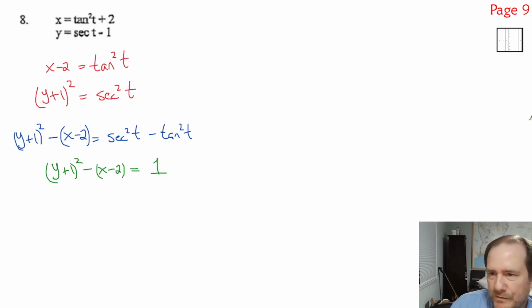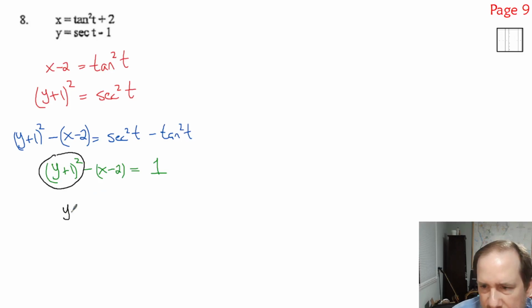And I'm a parabola, but my y is the one that's squared, so I'm a parabola that opens left or right. With this kind of thing, we said that you want to actually isolate the y bit, but the whole thing. So the y plus 1 all squared, it's fine, leave it alone. I'm actually going to move all this stuff to the other side, and I'm just adding it.